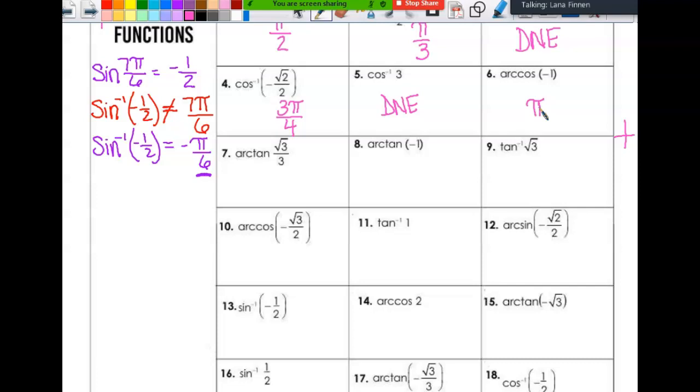Okay? Any questions at this point? All right, so I'm going to give you a minute. I want you to think through 7, 8, and 9. Just think through them on your own, and then we'll talk through them together. I'm not going to call anybody out just yet.